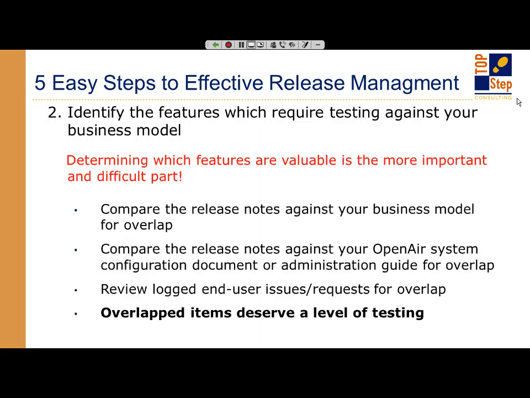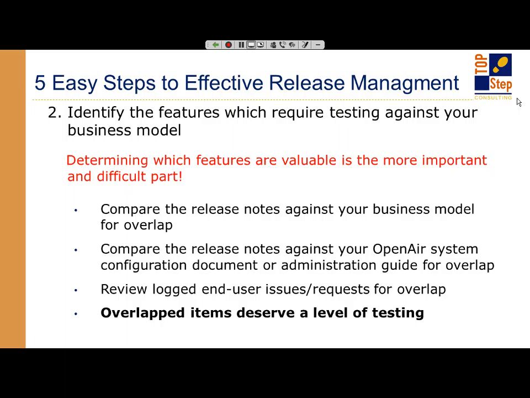So going through the features, and like I said, the features are the releases. The releases are quite large now, and determining which features you want to take a look at is the hardest part, I think, of the release. Not so much doing the testing, it's identifying what you really care about in the release and what would be a benefit to you.